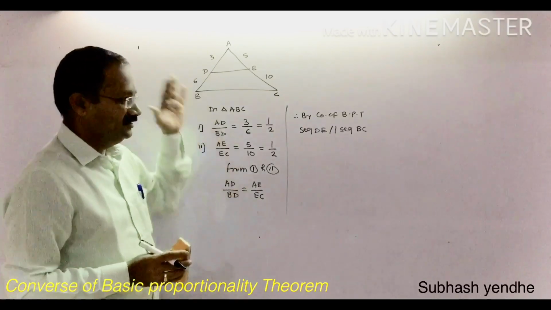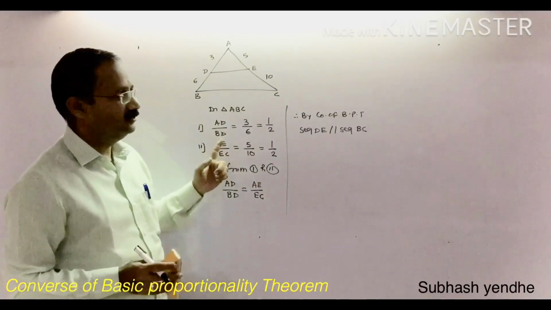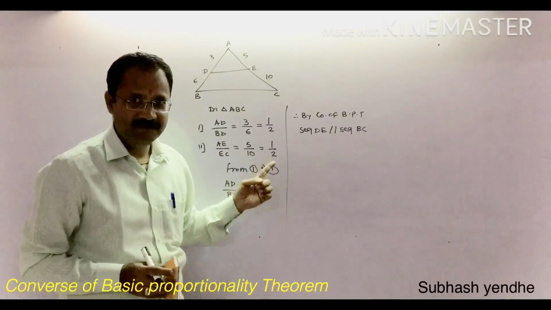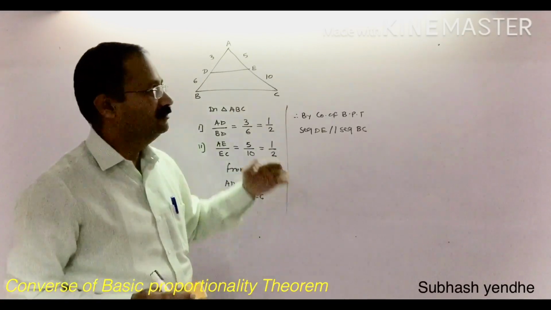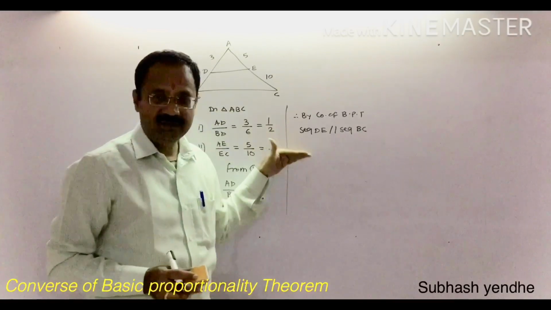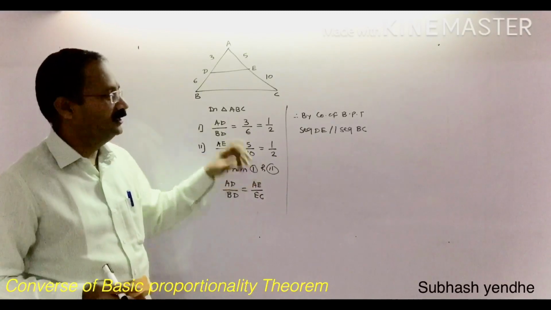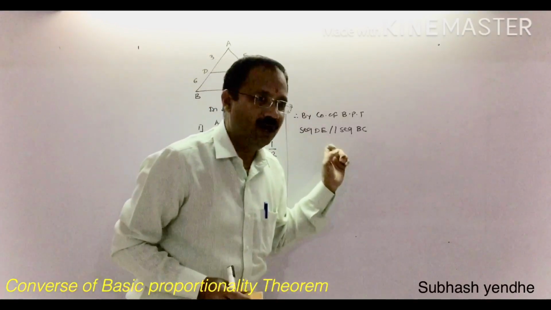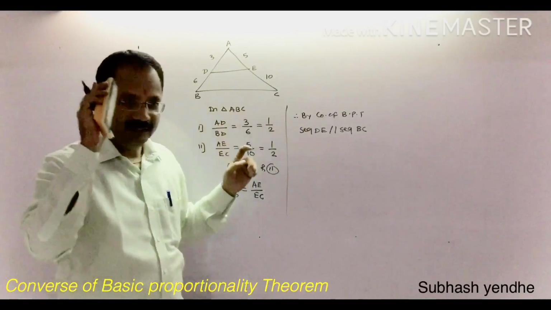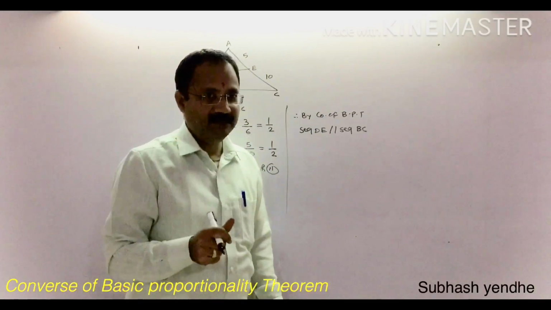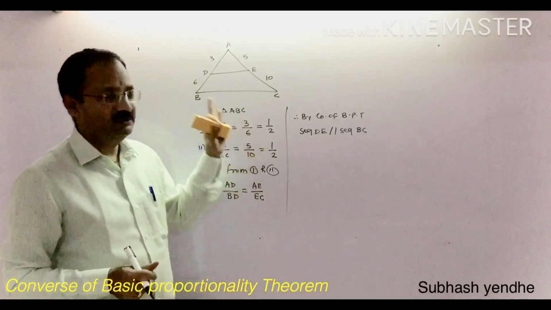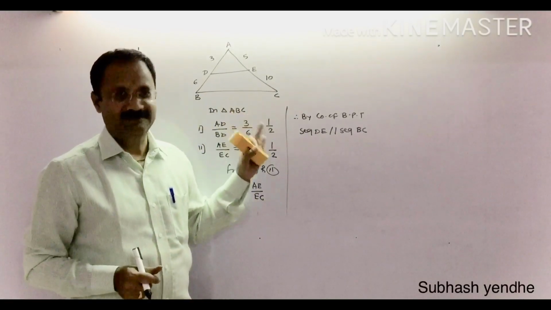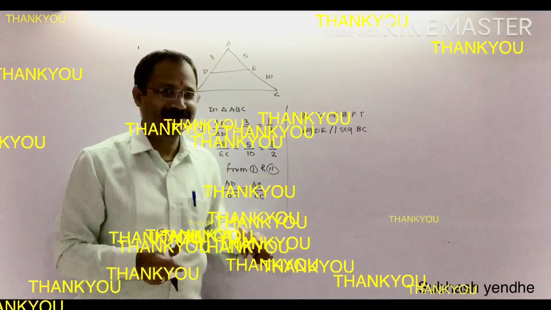These are the 5 sums related to the basic proportionality theorem, angle bisector theorem, intersection of 3 parallel lines, converse of ABT and converse of BPT. So remember students, you have to remember these 5 theorems. Thank you for today's lecture.